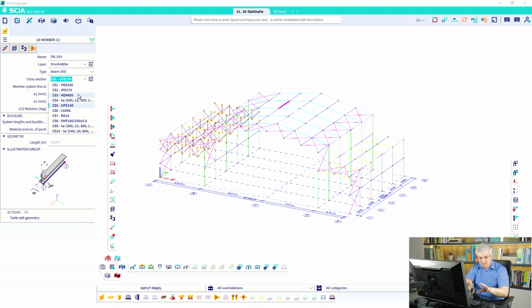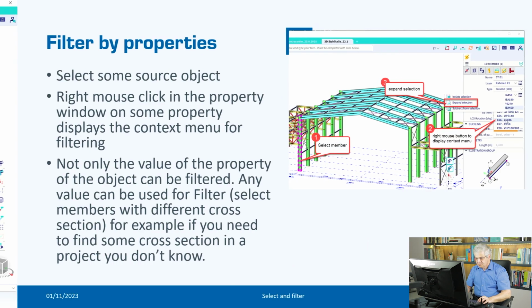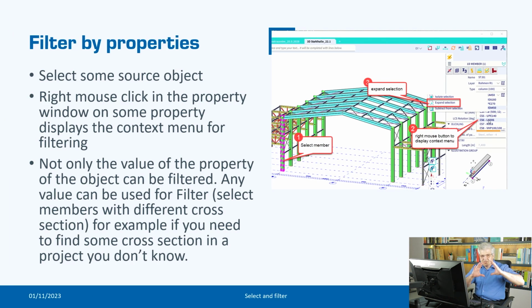It's only a filter because we click with the right mouse button. If you want to change it, you click with the left mouse button. So that's very important. You can use it for all properties which are there. On every property, you can click with the right mouse button. Thickness for plates, material, for example, intensity of load, supports with some special spring or hinges, whatever you want.